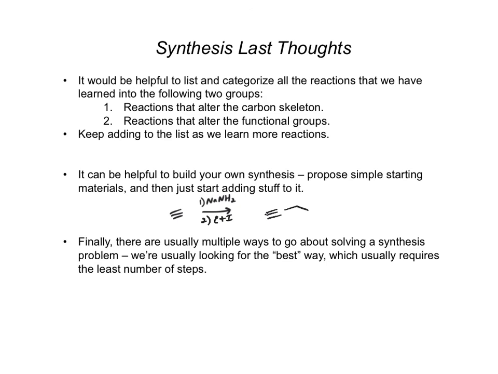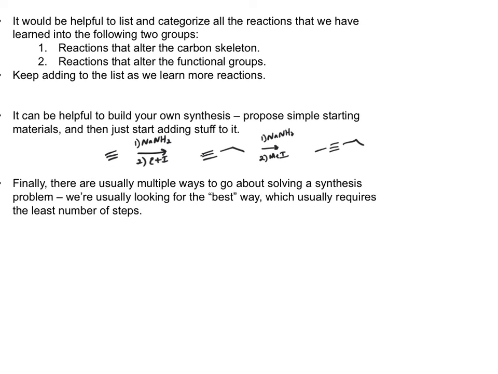Let's say that we did that again, this time to the other side. So let's say sodium amide again, and now we add it to methyl iodide. The reaction there would give us a 1, 2, 3, 4, 5 carbon chain. And now let's say we took that and reduced it using that hydrogenation reaction.